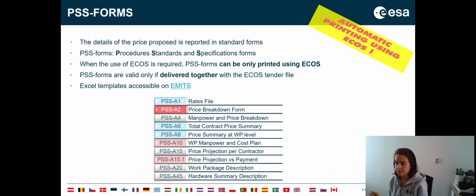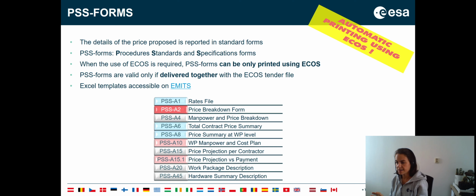In blue, these are some PSS forms that are good to have and good to produce, especially for you if you want to check your data. These are the PSSA 1, which is in fact a résumé of your rates file. The PSSA 6, which lists the contract price summary and gives the total contract price.